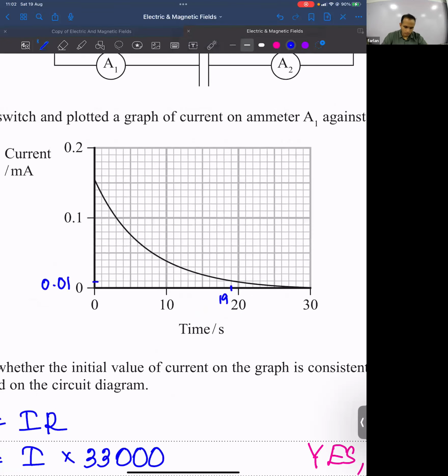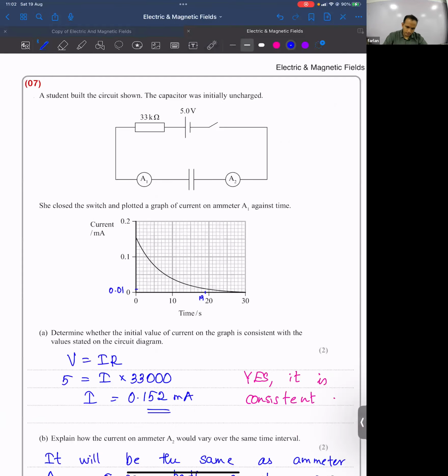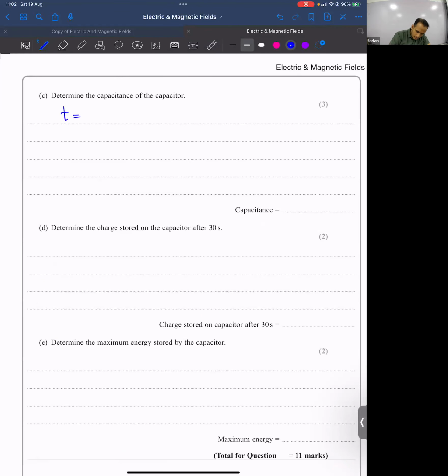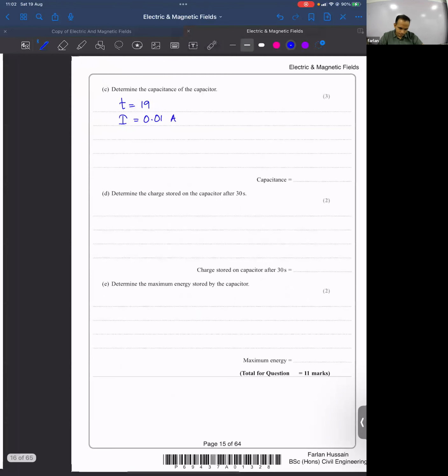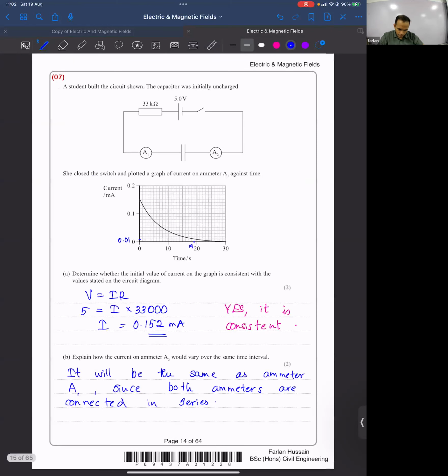When the time is 19 seconds, current is 0.01 amperes. So why can't you take 1 ampere, sir? Isn't it better?